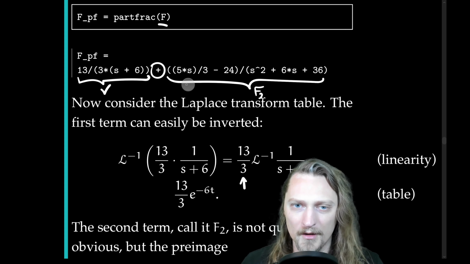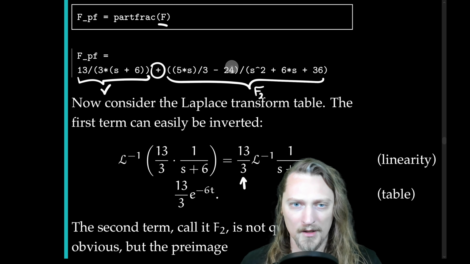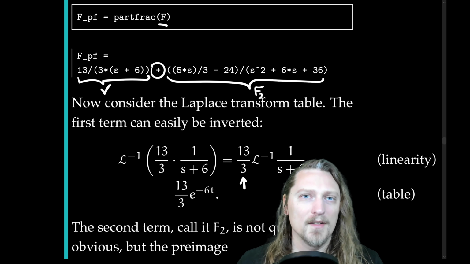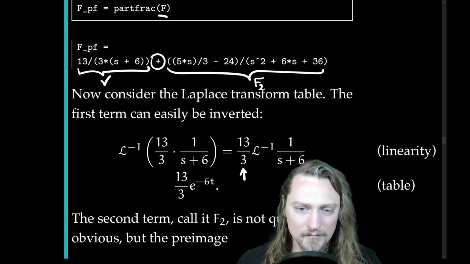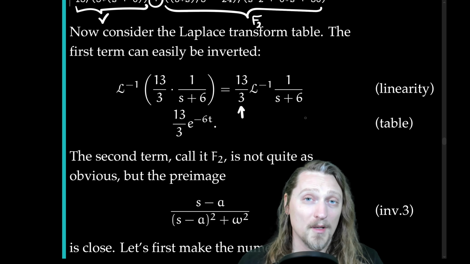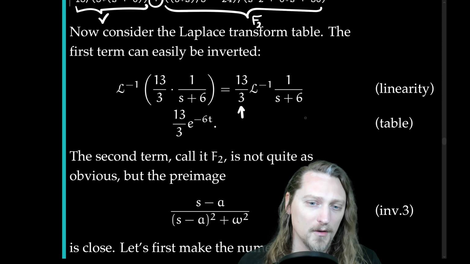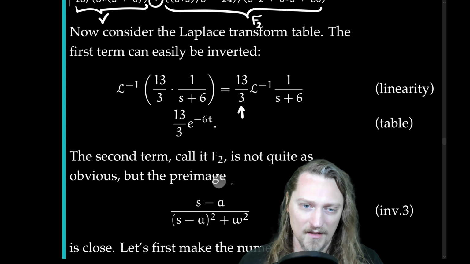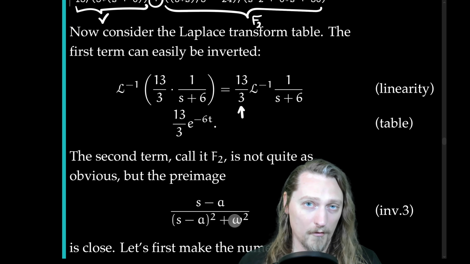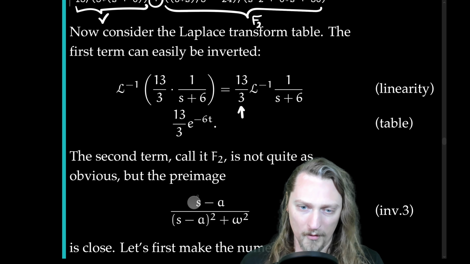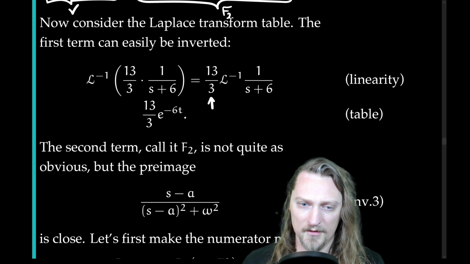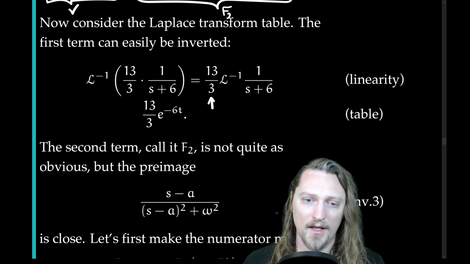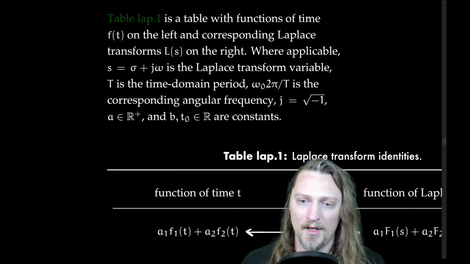If we look through the transform table for this term, it isn't quite as obvious. So we look for something that is as close as possible to it, and it's this preimage of the inverse Laplace transform. It's this transform. So if we go over and take a look at it, this shows up in the table.